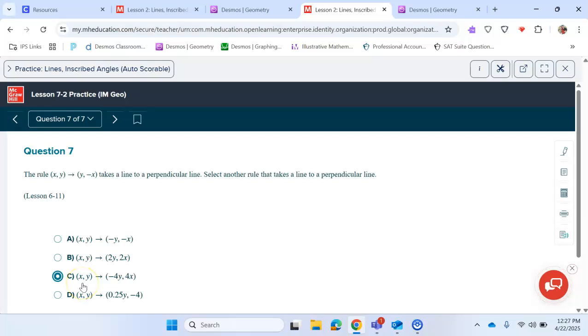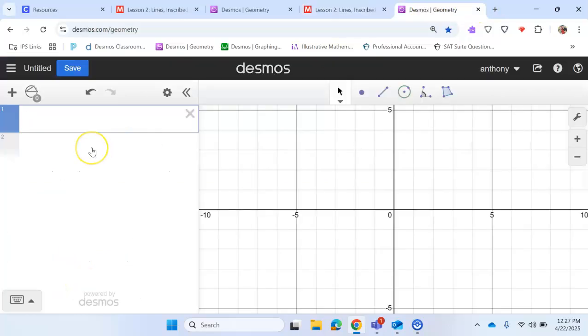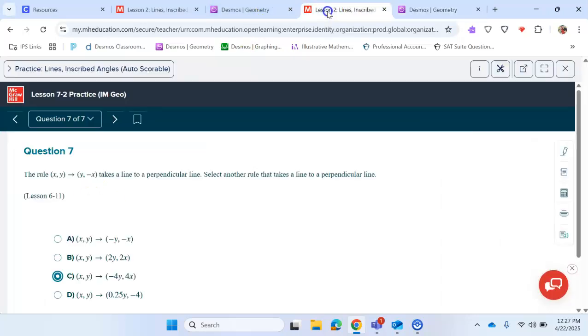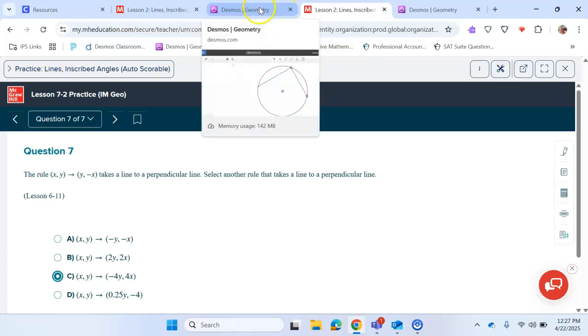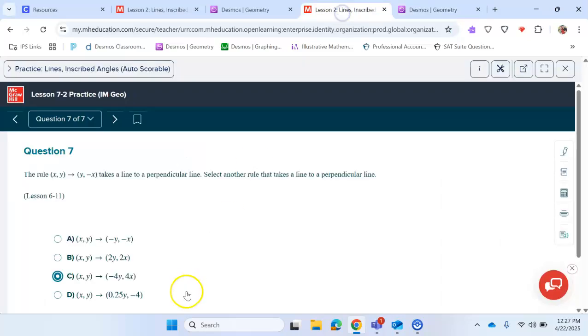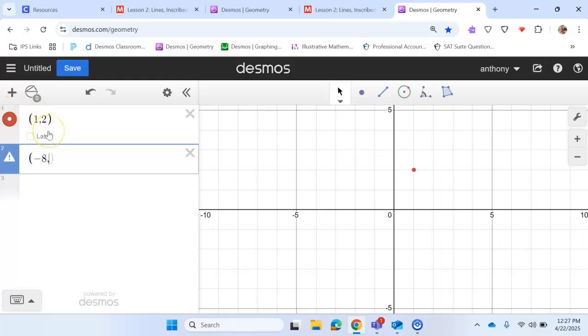So if we have a point x comma y, let's pick 1 comma 2, right? If we do their rule, we switch x and y, and so it would be -4 times the y value. -4 times 2 is -8, and then it's +4 times the x value. +4 times 1 is 4.